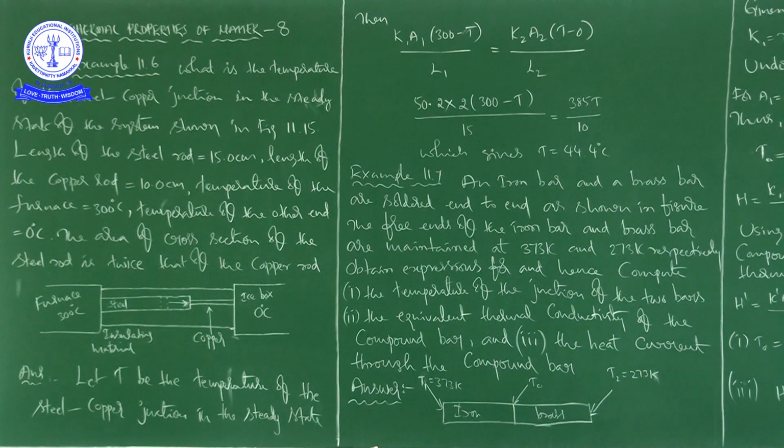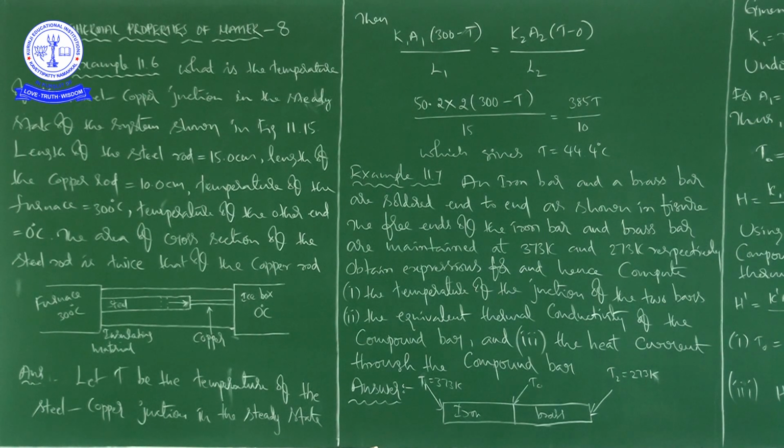Steel has 50.2 joule per second per meter per Kelvin thermal conductivity, and copper has 385 joule per second per meter per Kelvin. So finally we got the temperature of the steel copper junction in the steady state as 44.4 degrees centigrade. Now we are going to see the next continuation problem.